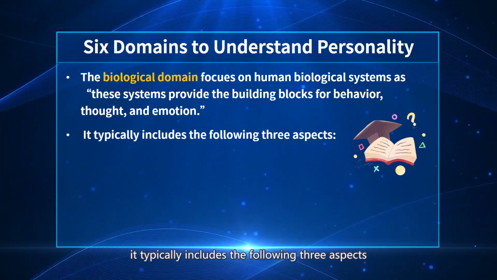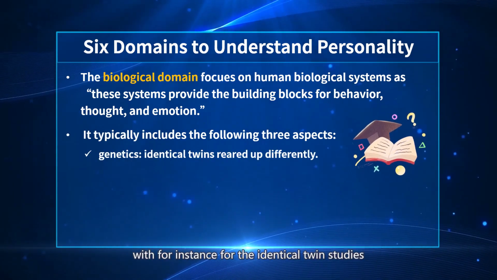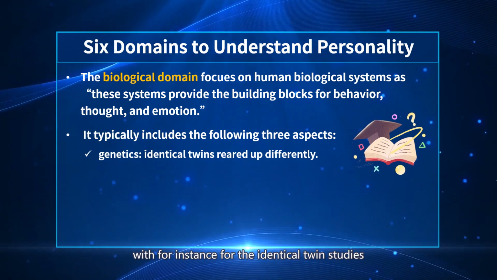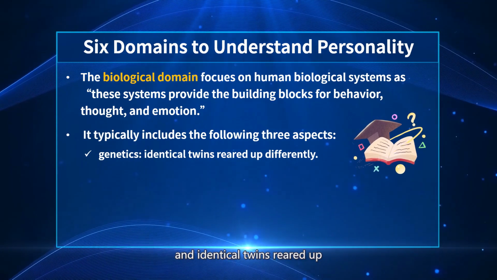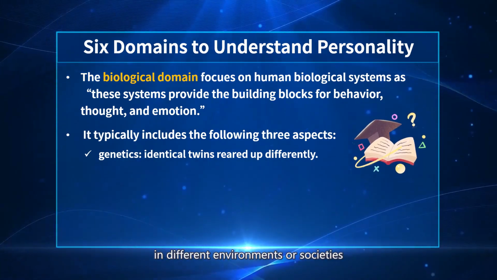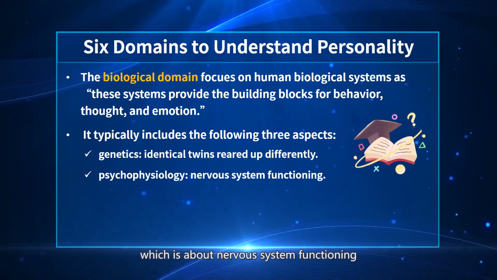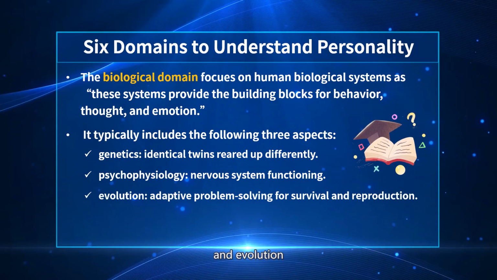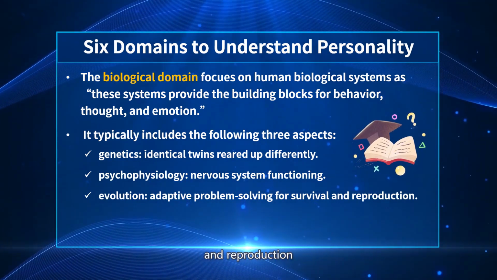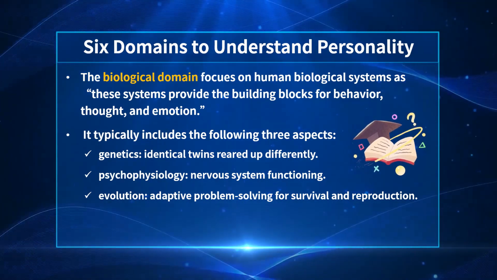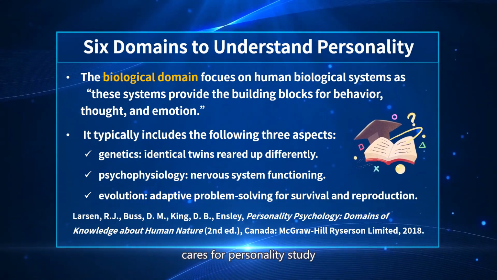It typically includes the following 3 aspects: genetics, for instance the identical twin studies, with identical twins reared in different environments or societies; psychophysiology, which is about nervous system functioning; and evolution, the adaptive problem solving for survival and reproduction. So these are the areas that the biological domain cares about in personality study.